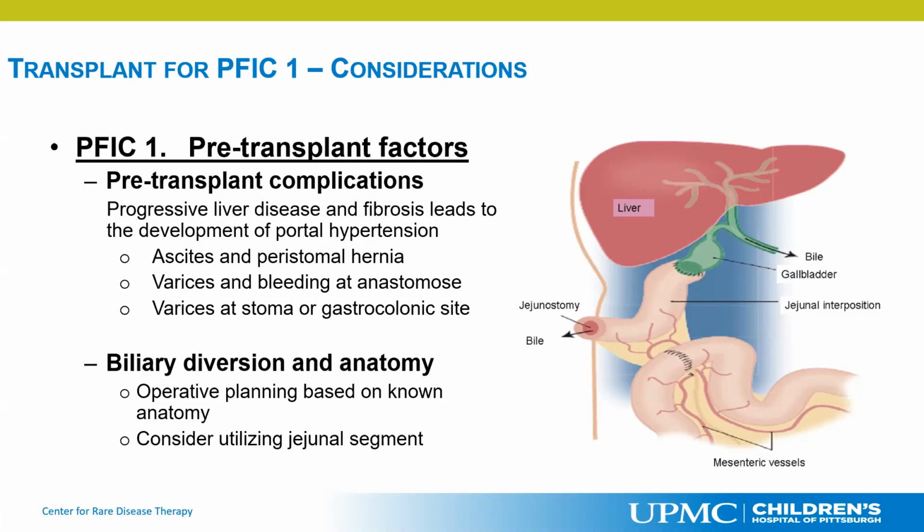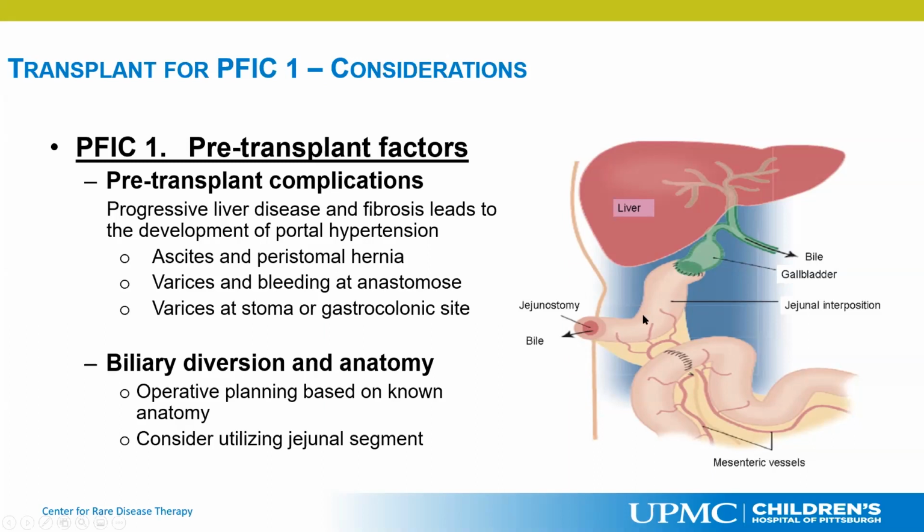The common sites that you see after diversion for portal hypertensive bleeding is at the stoma itself. Those are a bit of a nuisance, but at least you can see them, and you can control them with a stitch. Varices that are inside this portion of intestine that goes to the bile duct, you can get to with a scope if you needed to.